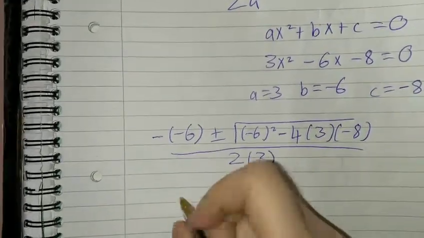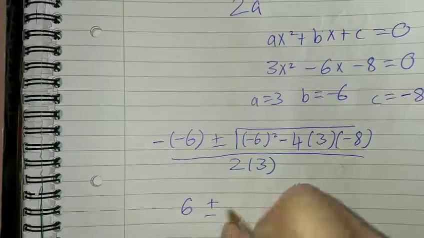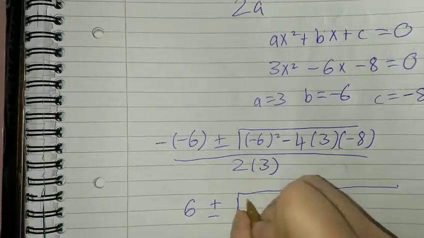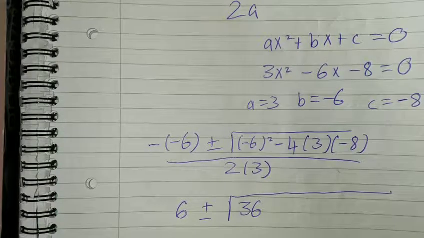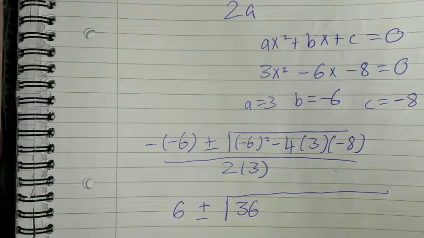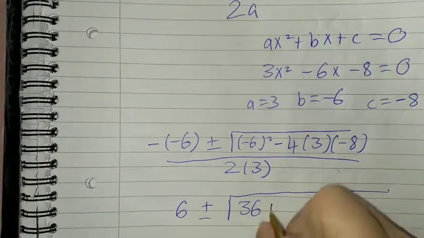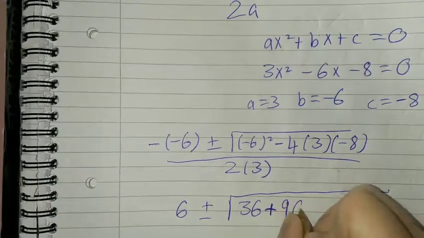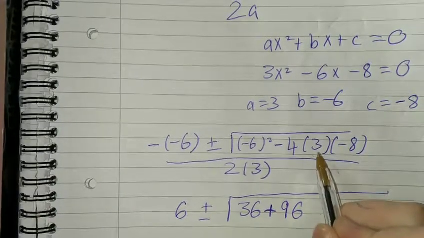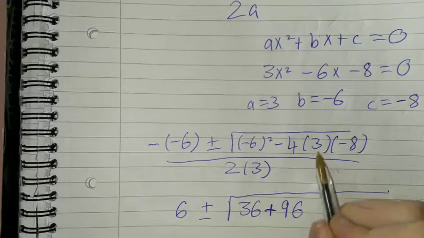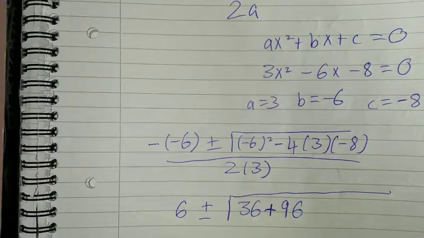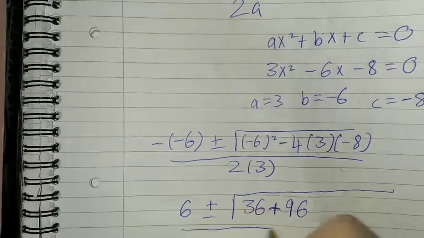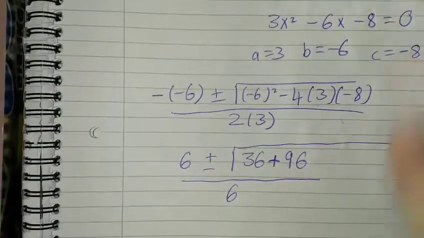So minus 6 will give me plus 6, plus or minus, minus 6 squared will be 36, and then we have 4 by 3 by minus 8, which gives us minus 96. A minus by a minus gives a plus, so that will be plus 96, and then over 6.